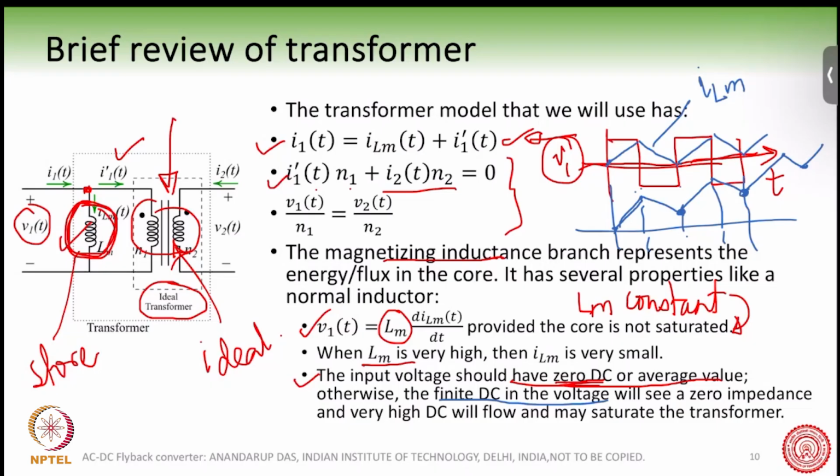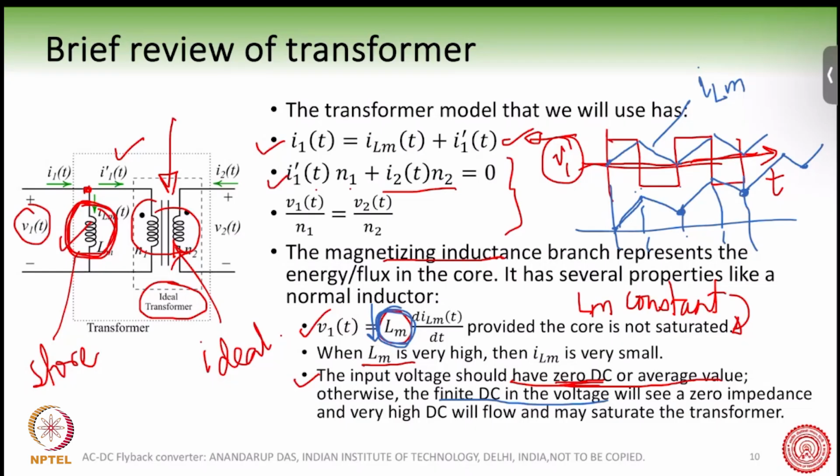If it gets saturated, the value of Lm will fall, and this is something we want to avoid. So the input square wave should have a zero DC or average value.